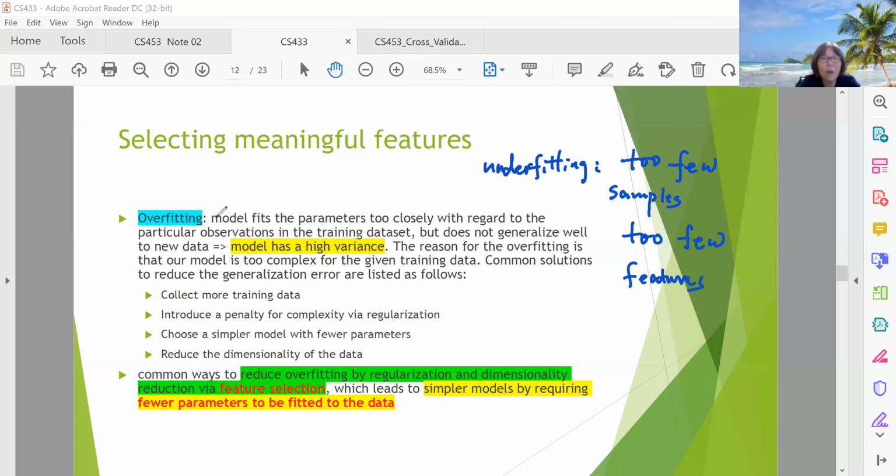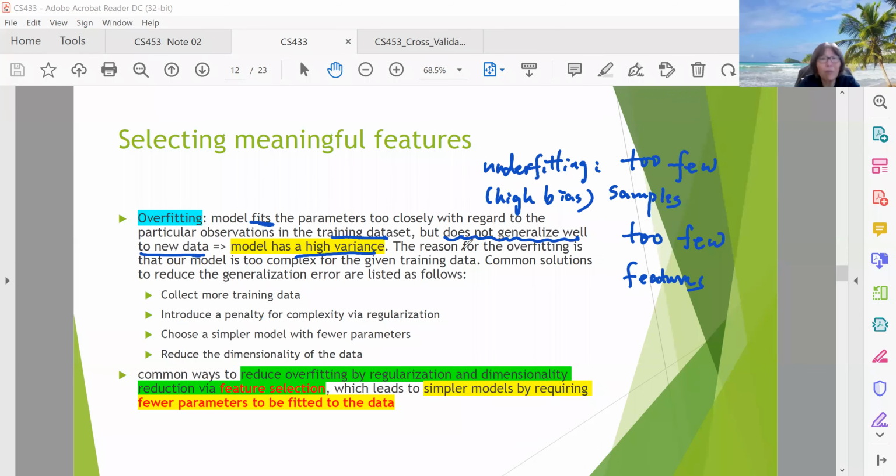For overfitting, the model fits the training data pretty good, but it does not generalize well for new data, because of high variance. Underfitting is a high bias.